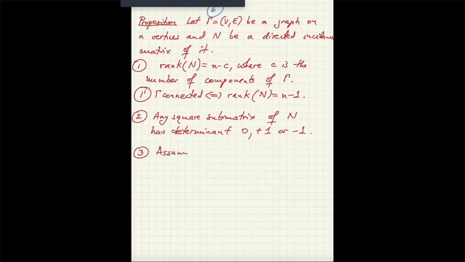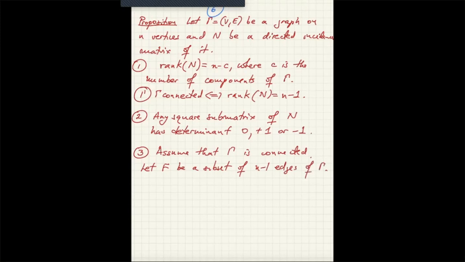Assume that gamma is connected. Okay, so the rank of this matrix is n-1 by the previous step. Then let F be a subset of n-1 edges of gamma.